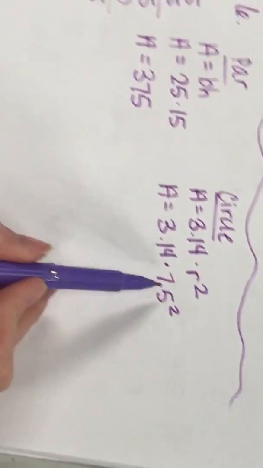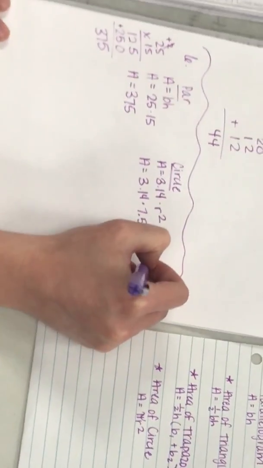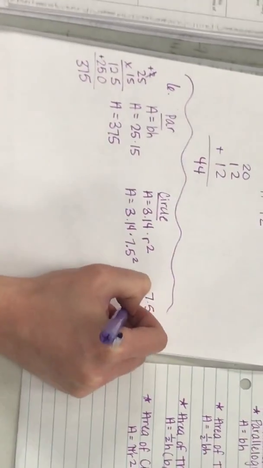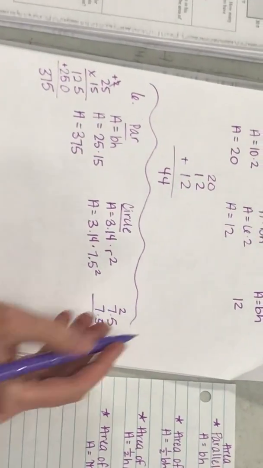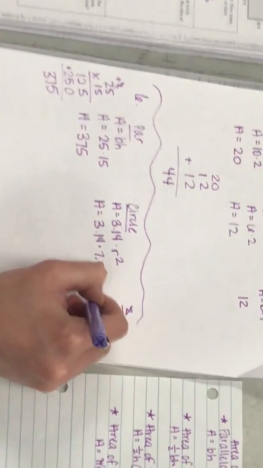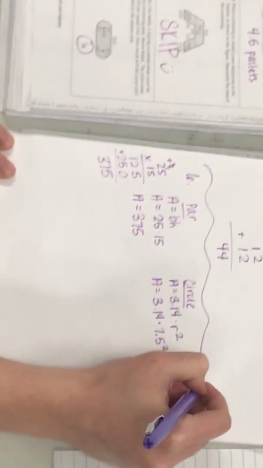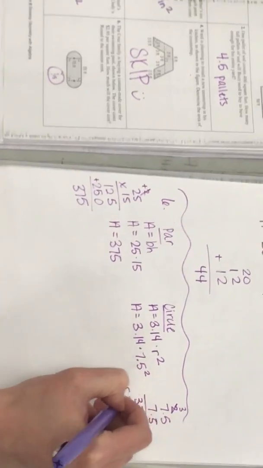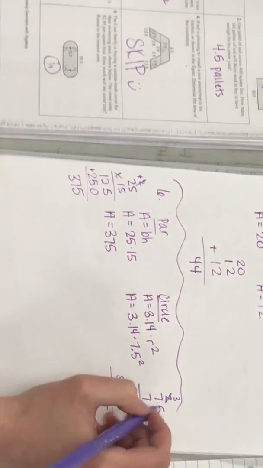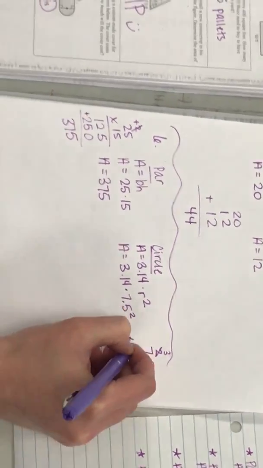So the first thing you're going to do is the 7.5 squared. So you multiply 7.5 times 7.5. 5 times 5 is 25. 5 times 7 is 35, plus 2 is 37. Down your 0. 7 times 5 is 35. 7 times 7 is 49, plus 3 is 52. 7 plus 5 is 12. 1 plus 3 is 4, plus 2 is 6.